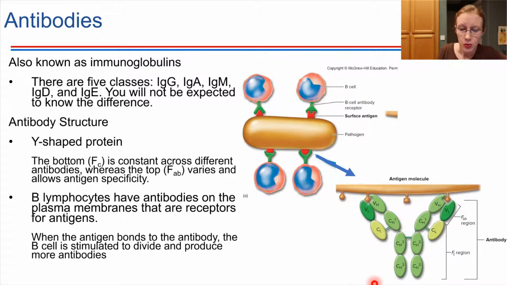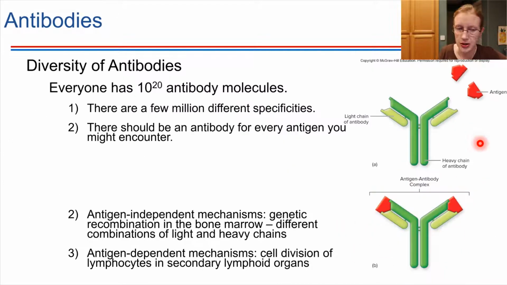We each have a huge number of antibodies. It's estimated that we each have 10 to the 20, that's 100 million trillion antibodies, present within our bodies. Some of those are duplicates of each other. Some of them are the same types of antibodies.